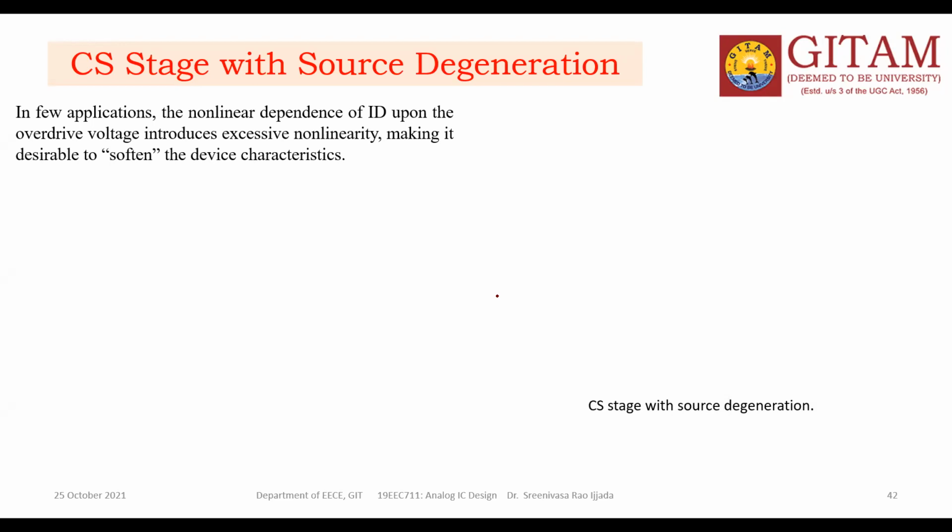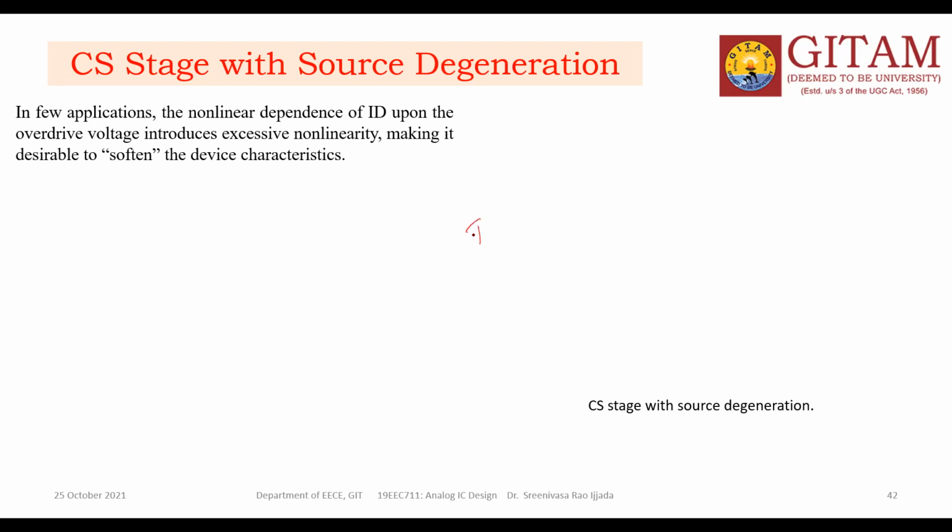If you take the ID equation in saturation, there is a scaling term, so due to the squared term the device characteristics are no longer linear. So what is the relation between ID and overdrive voltage? ID is equal to 1 by 2 mu n COX W by L into VGS minus VTH whole square.